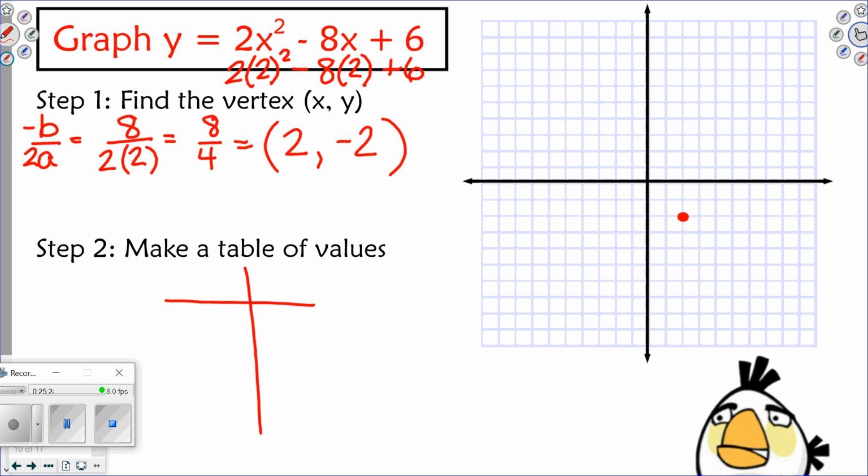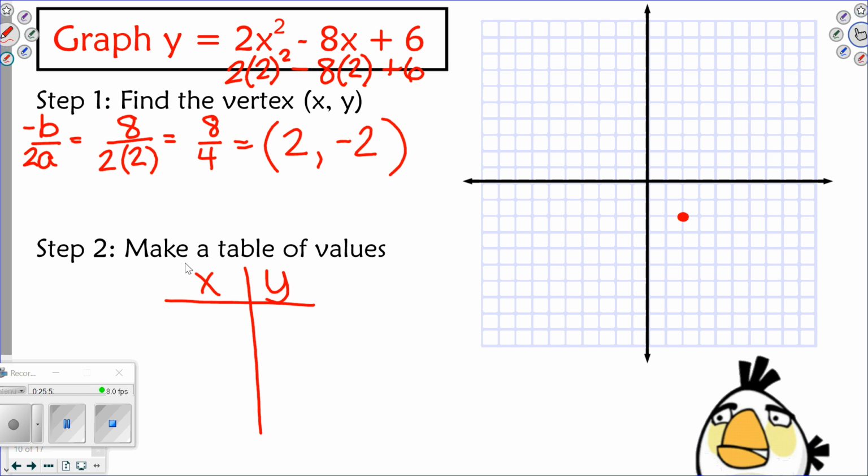All right, so when we make our table of values, does it matter what we plug in for x? Nope. Now, let's talk a little bit about this. It does not matter. However, what happens when you get further and further away from your vertex? Think about the graphs. So as I get further and further away from my vertex, where are they going?